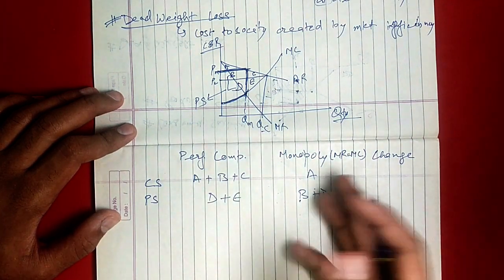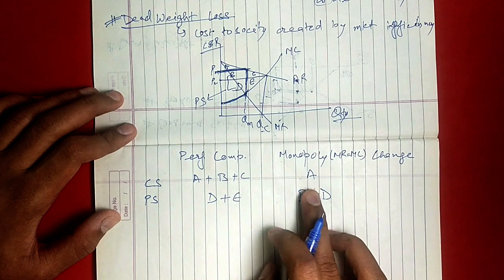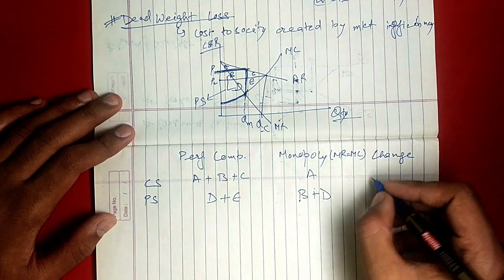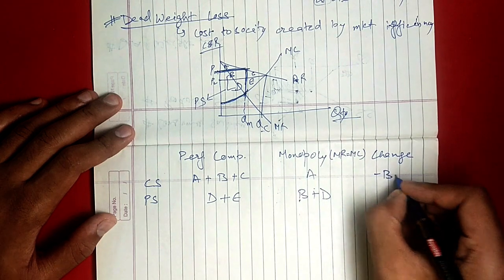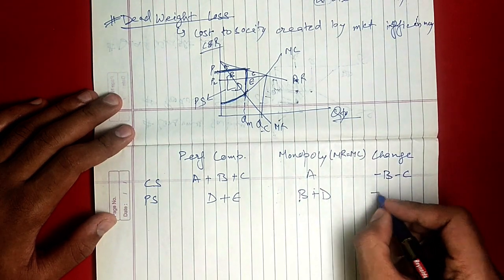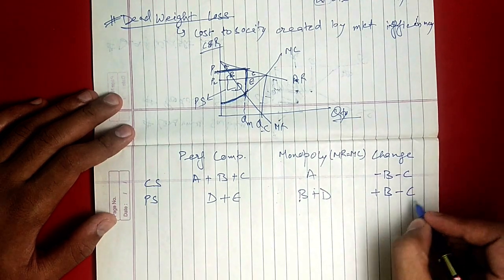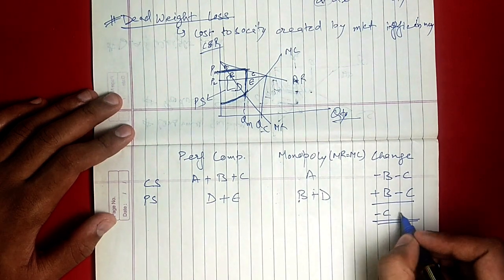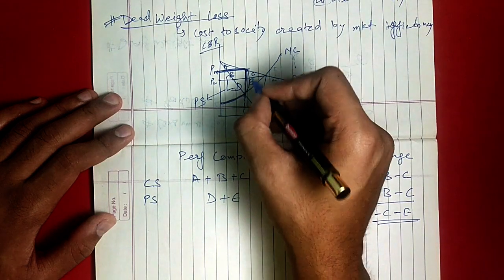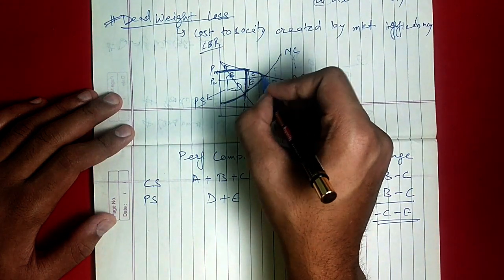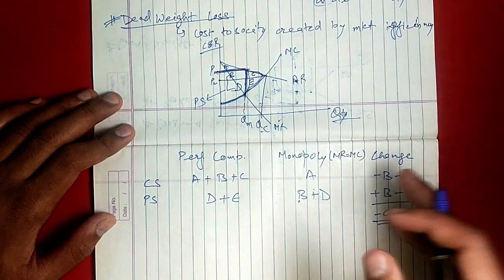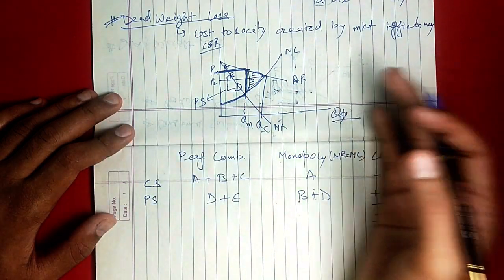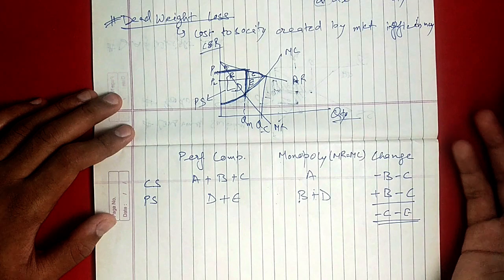If you subtract monopoly from perfect competition, what will you get? Here you will get minus B minus C, here plus B minus C, and if you see the total change, it will be minus C minus C. That is this part. This welfare part doesn't benefit the producer or the consumer.